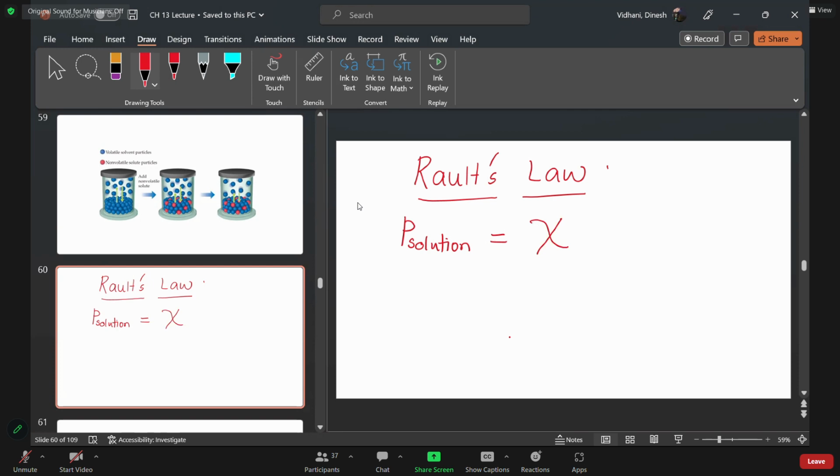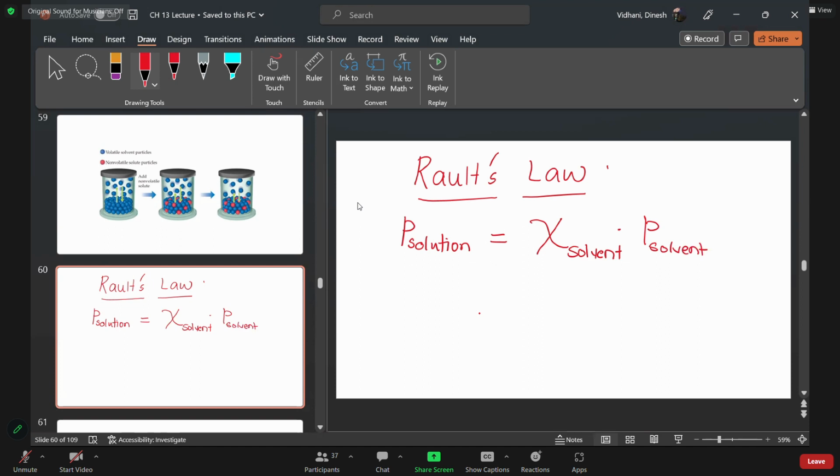Now, when I say mole fraction, this is going to be the mole fraction of your solvent, multiplied by the vapor pressure of the pure solvent.